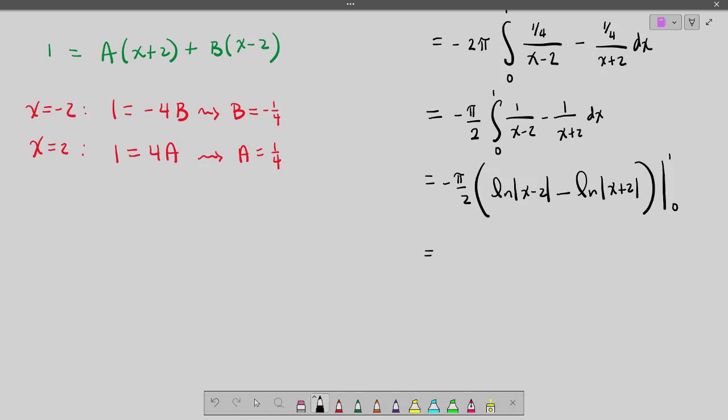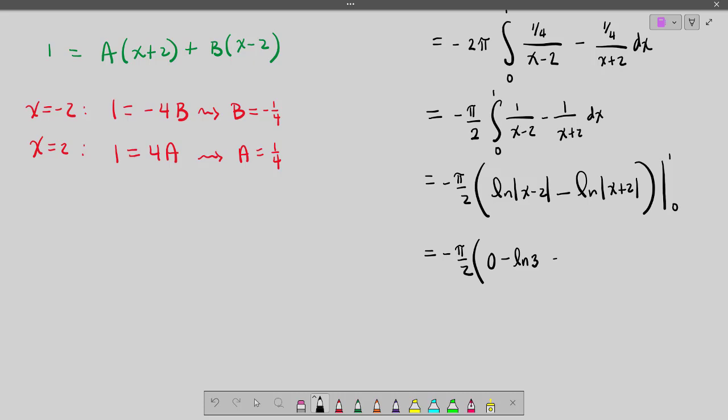Okay, well, let's go. So plugging in the positive 1 first, we see that we get a 0 here. Plug in positive 1. 1 minus 2 is negative 1. Absolute value of negative 1 is positive 1. Natural log of 1 is 0. So we're going to get 0 minus natural log of 3. That's the upper. Minus the lower at 0.